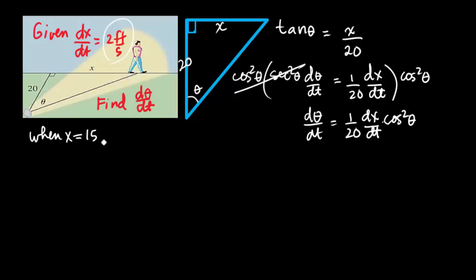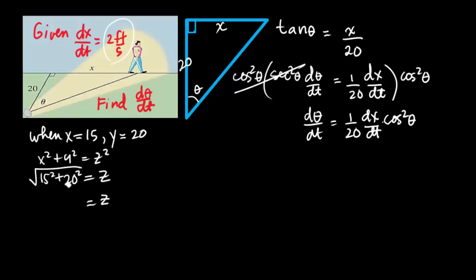When x is 15, y is always 20, so we use the Pythagorean theorem, x squared plus y squared equals z squared, to get z. So z is the square root of 15 squared plus 20 squared, that's 225 plus 400, which is 625. Take the square root, you get 25.